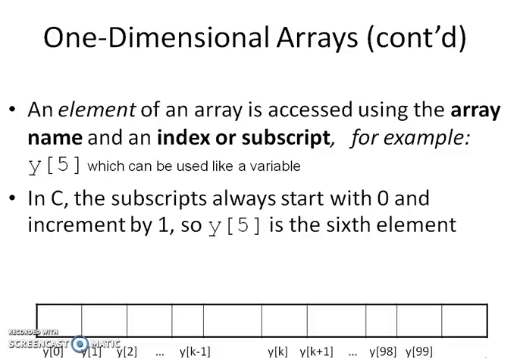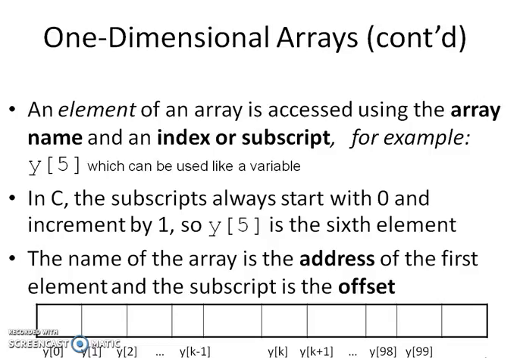In this diagram, y[0] is the starting index of the array. The first element is stored in y[0], the second element in y[1], and so on till y[99]. And y[5] represents the sixth element because 0 is also included in the index count.